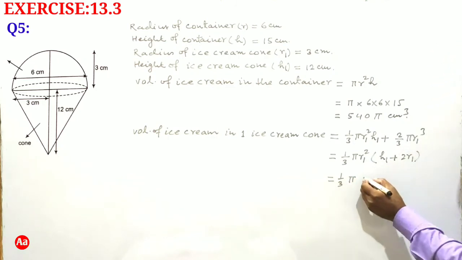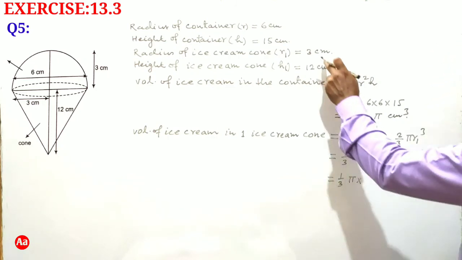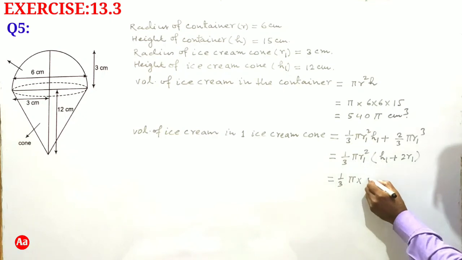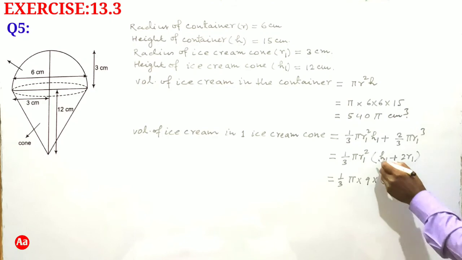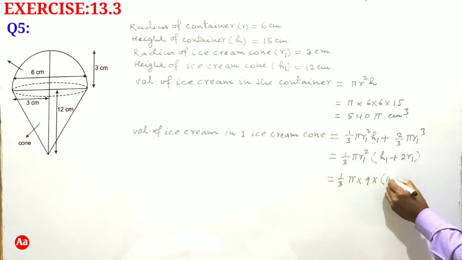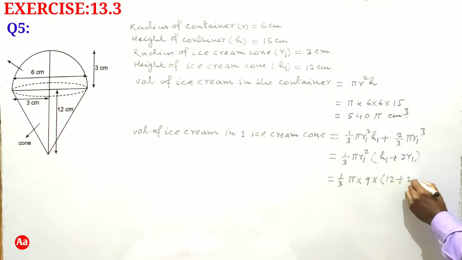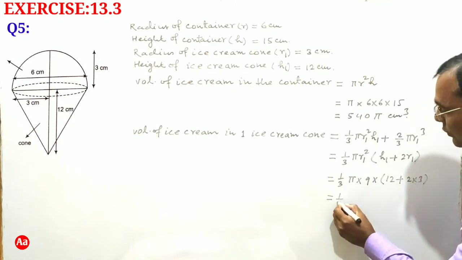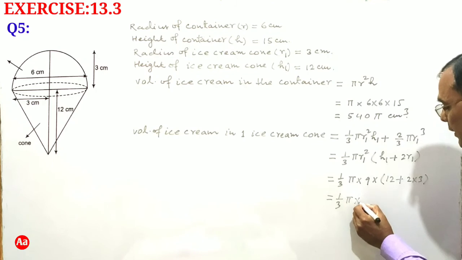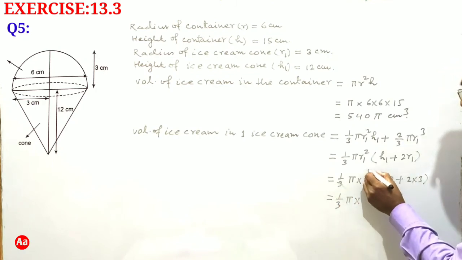Now let us put value of r1 and h1. So r1 is 3, so 3 square is 9 into h1, height 12 centimeter, plus 2 into r1, 3. So this is equal to 1 by 3 pi, 3 times cancelled.